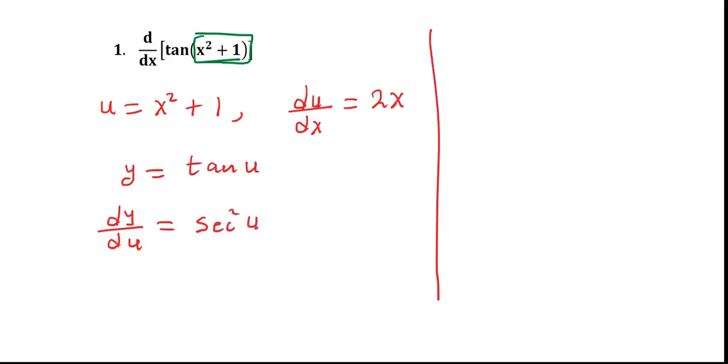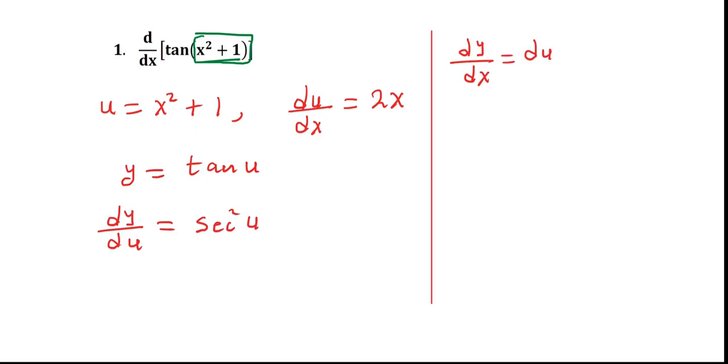So now we can apply the chain rule, which is dy/dx equals dy/du times du/dx. Now dy/du is this and du/dx is this.